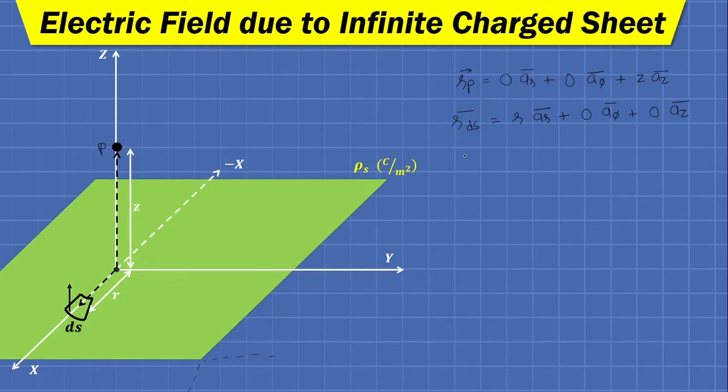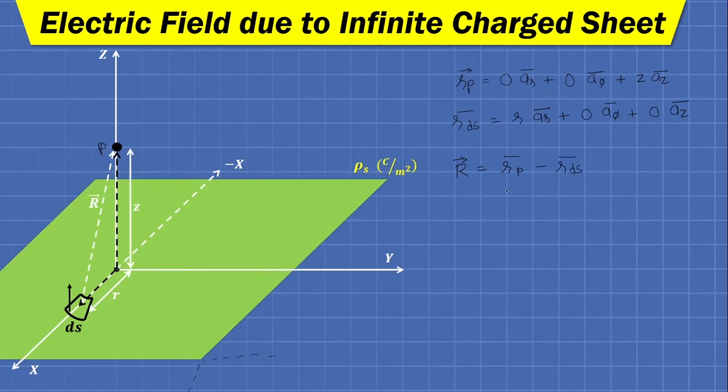Now we have the position vector of both the point of interest P as well as the differential surface ds. And if we want to determine the distance vector, so the distance vector here, capital R, is nothing but R_P minus R_ds.